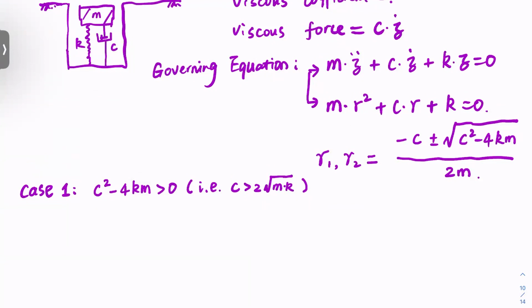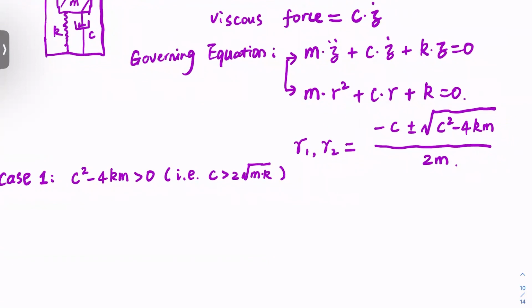So if this is the case, what are the roots like? Real roots or complex or identical? Right? 2 real roots. And are those identical or not? No. Okay, great. So we have 2 distinct real roots.